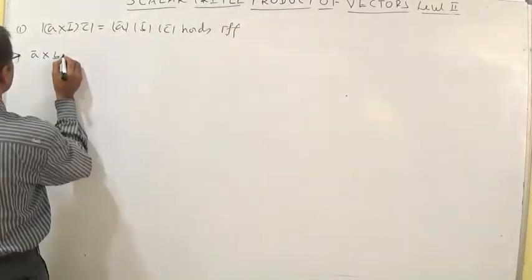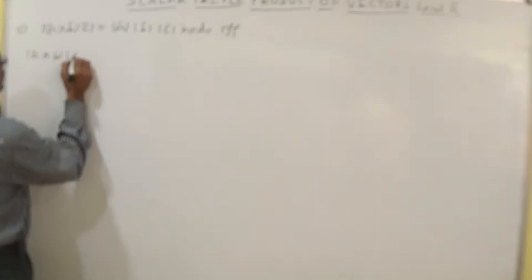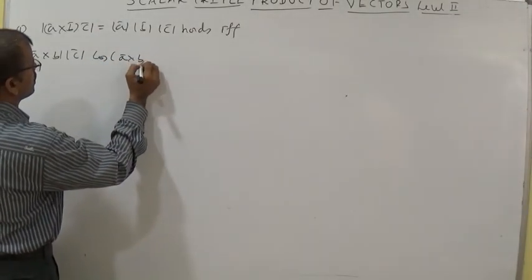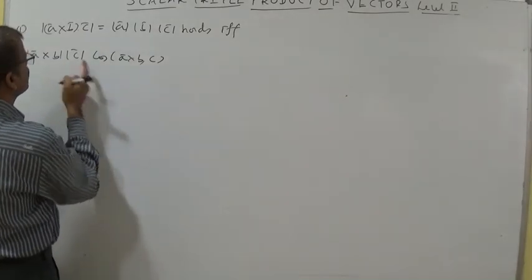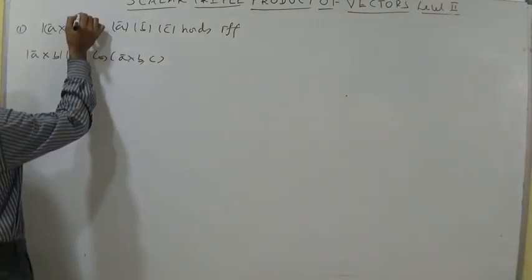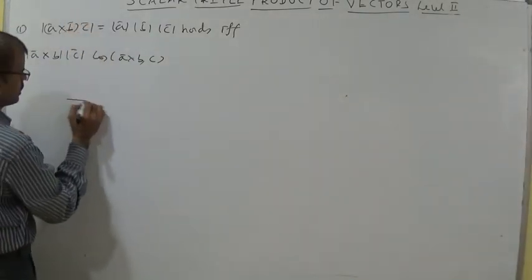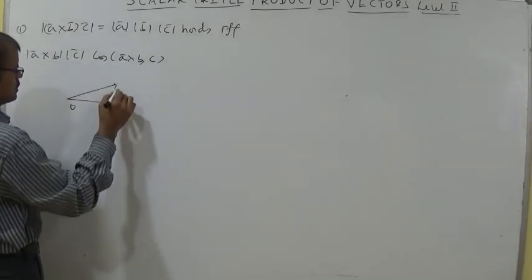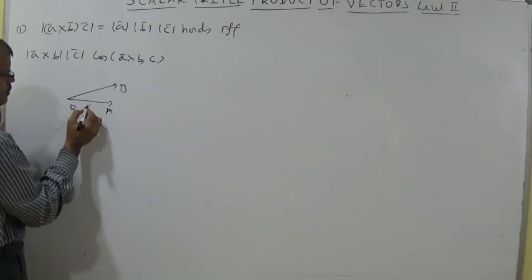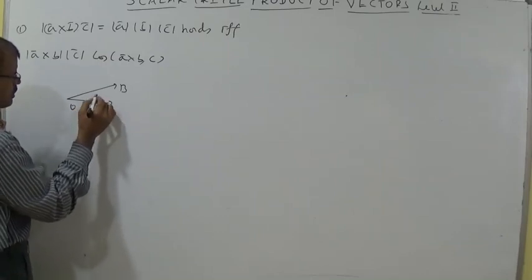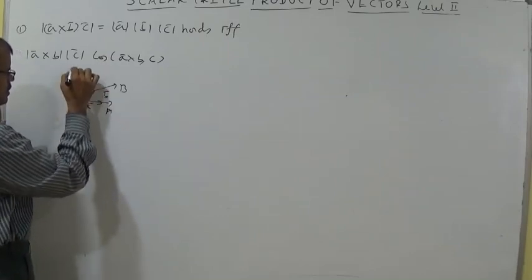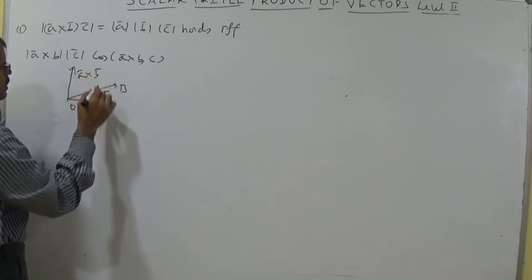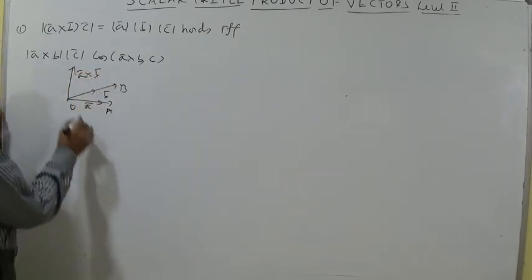So you can write modulus of A cross B into modulus of C into cos of the angle between A cross B and C, using the dot product. If you draw the diagram like this, this is O, this is A, this is B, the position vector of A is A bar and of B is B bar. This is A cross B, perpendicular to both A bar and B bar.